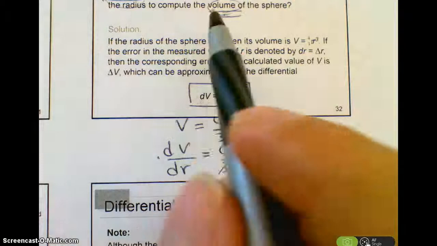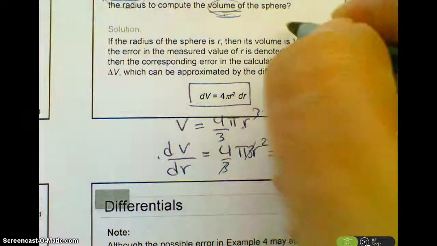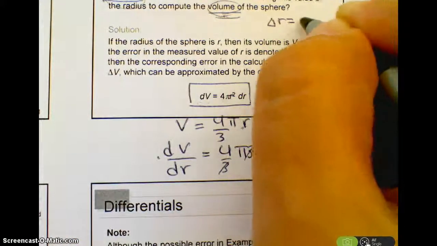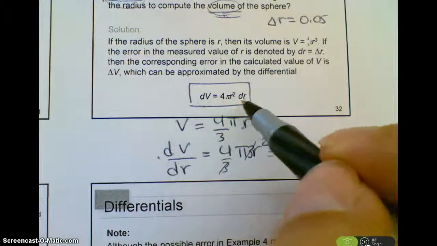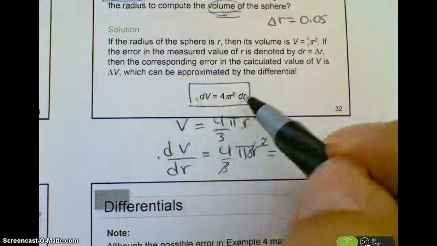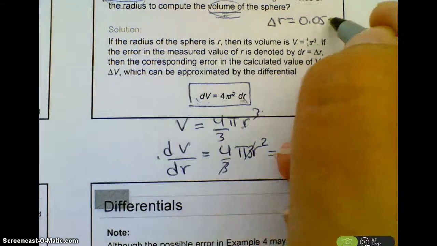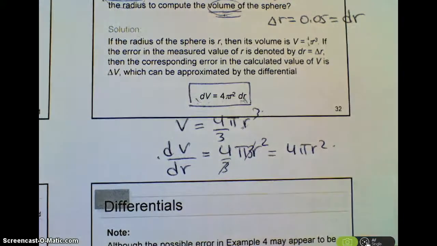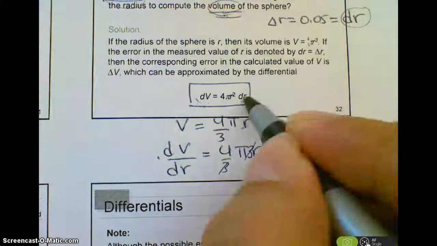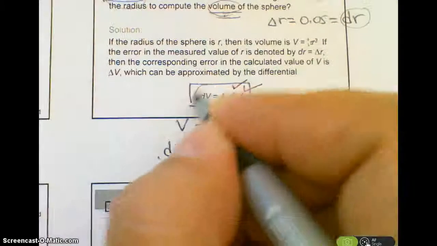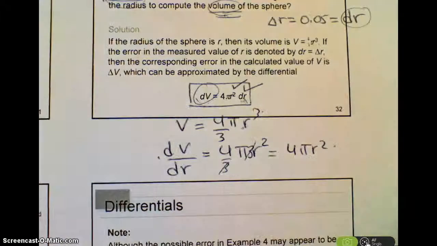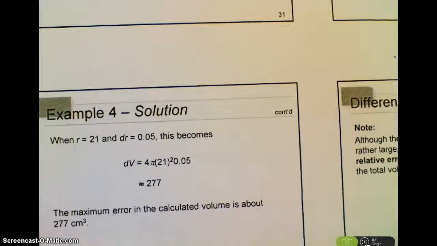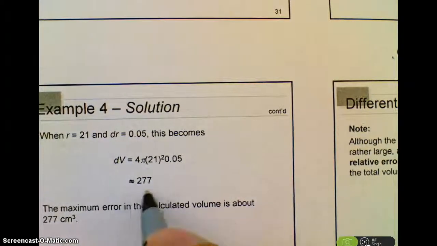So in here, what you know is the change in radius is 0.05. If you consider the radius and the volume to be like x and y, my independent and dependent variables, then I can call this my dr. Since my dr is given, and the radius, which is 21 centimeters, is given, I can find the error measurement for the volume, which will be 277.